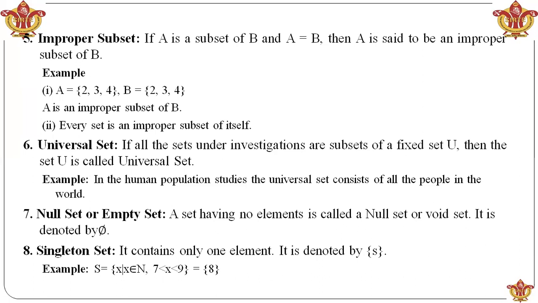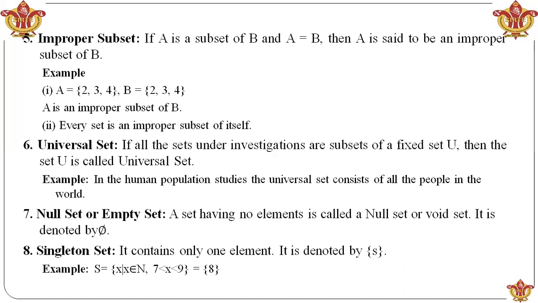So here we discussed the improper set, and in the continuation of set theory, we're going to discuss the universal set. What is a universal set? If all the sets under investigation are subsets of a fixed set U, then that set U is called the universal set.